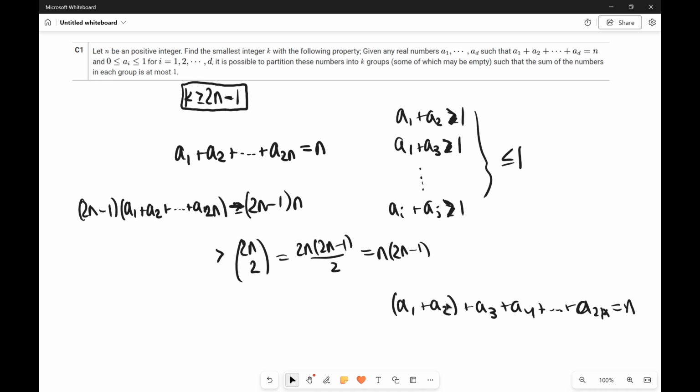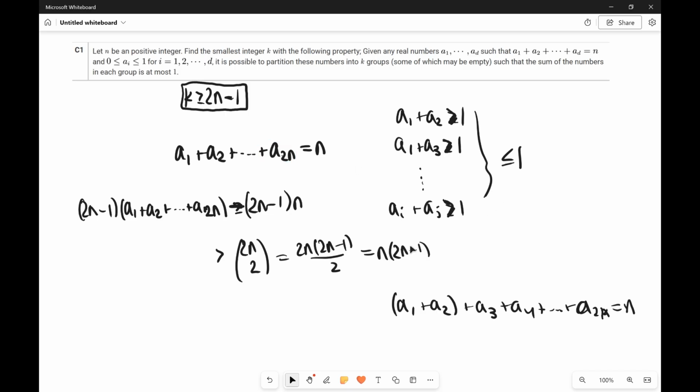And we can apply the construction for 2n minus 1. And does this work when we have 2n only? No, we can continue this process and go downwards, sort of like an induction in that sense.